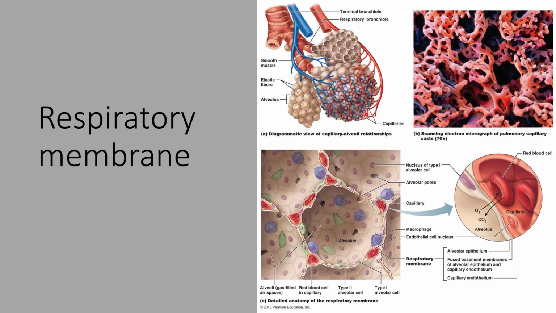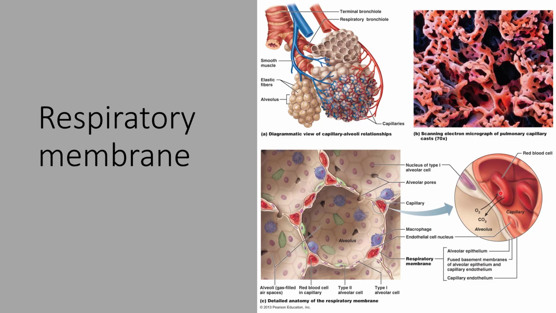Where this gas exchange takes place is where a capillary lies directly on the surface of an alveolus. If we cut it open, we can see inside the alveolus, we can see the alveolar pores, and then we can see cross sections of capillaries. The wall of the capillary and the wall of an alveolus are only 2 layers thick.